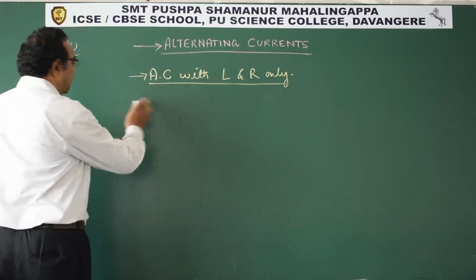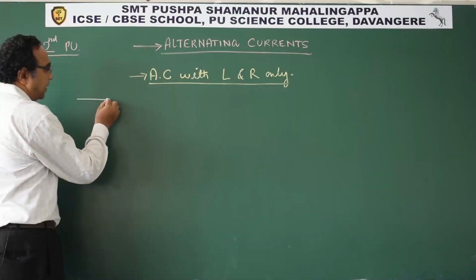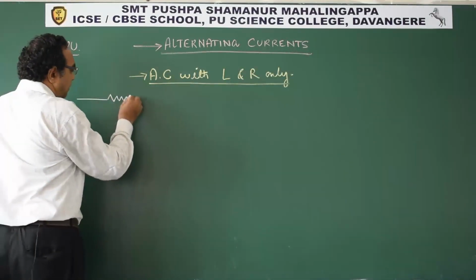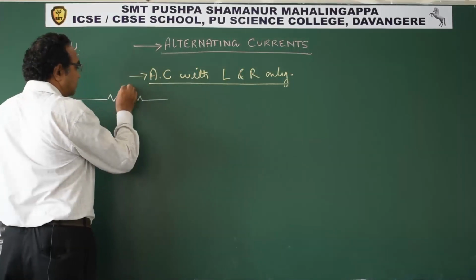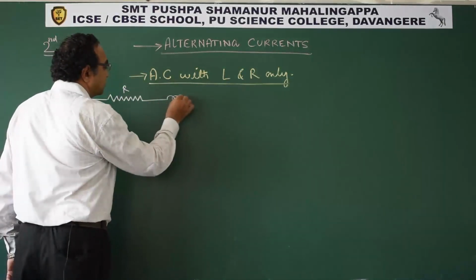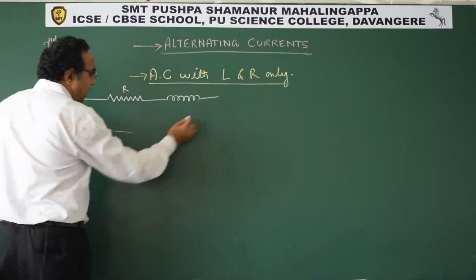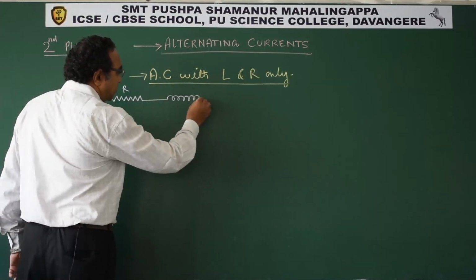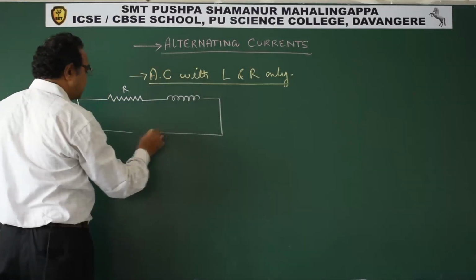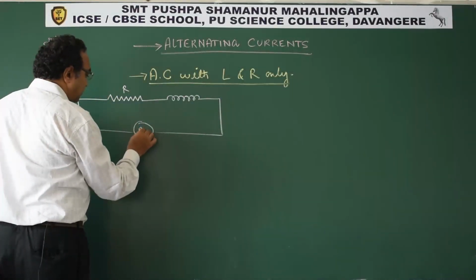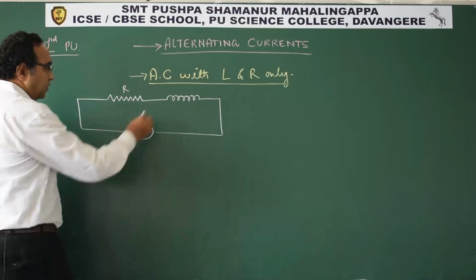So what does the circuit diagram look like? The circuit diagram is something like this. This is R, this is L, and we have connected an AC source.